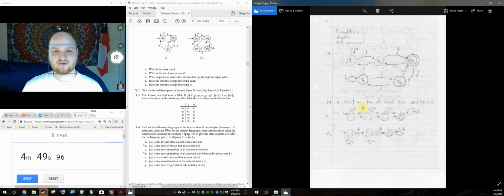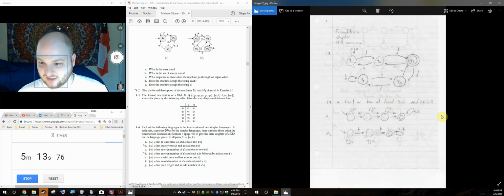It's a language made of two intersecting languages, and I found it easiest to approach by making a state diagram for each of the languages being compounded. So I wrote the state diagram for a language that has just at least 3 A's, and then one that is just at least 2 B's.